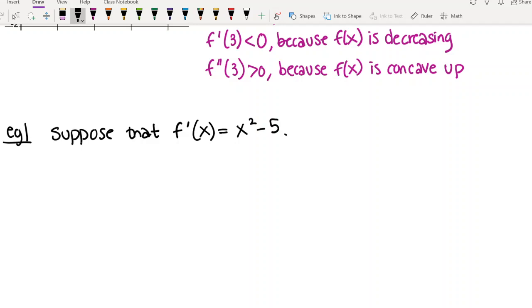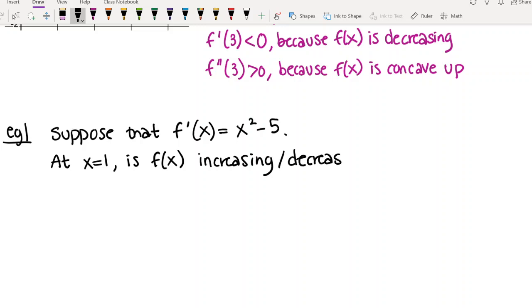We want to figure out whether f of x is increasing or decreasing, and whether it's concave up or concave down at x is equal to 1. So at x is equal to 1, is f of x, so the original function, not x squared minus 1, increasing or decreasing? And then also, is it concave up or concave down?